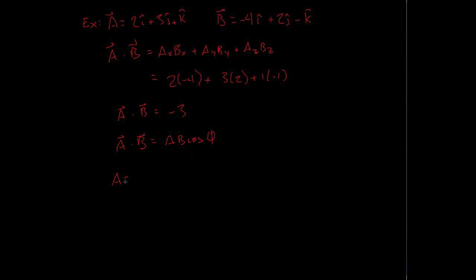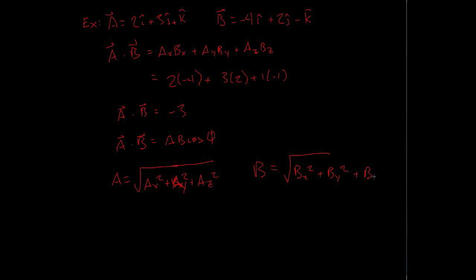Well, we can use the Pythagorean theorem again: Ax squared plus Ay squared plus Az squared, and for the magnitude of B, bx squared plus by squared plus bz squared. So plugging in our components here, we get a magnitude of A as the square root of 14, and a magnitude of B as the square root of 21.